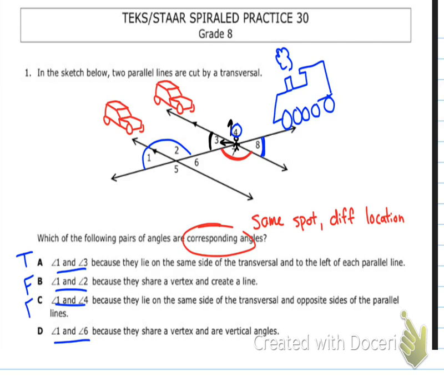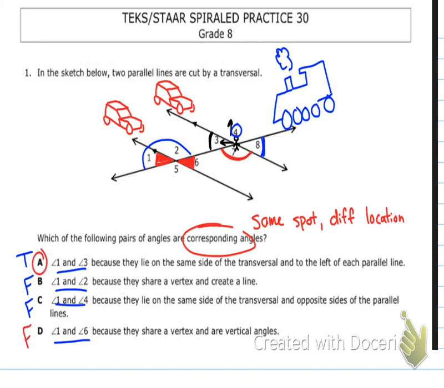So that's also false. And then D says 1 and 6. So if I've talked about angle 1 here and angle 6 over here, they are vertical angles. They're actually equal to each other, but they're not corresponding. So my answer is still going to be A.